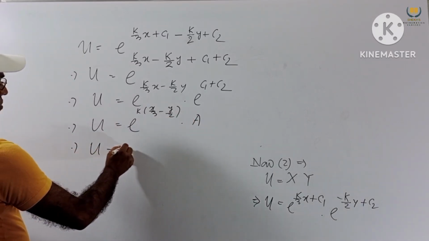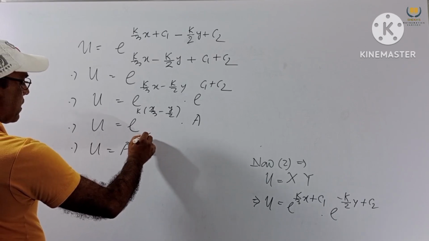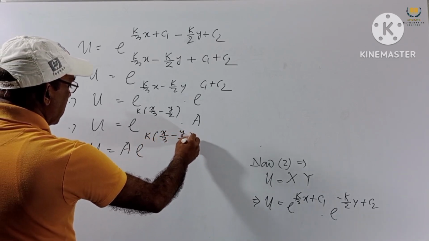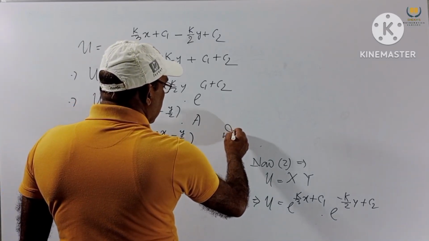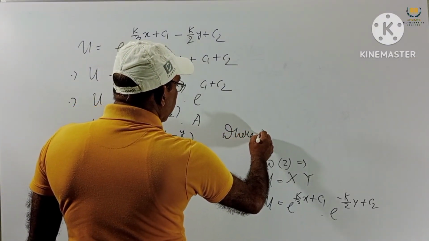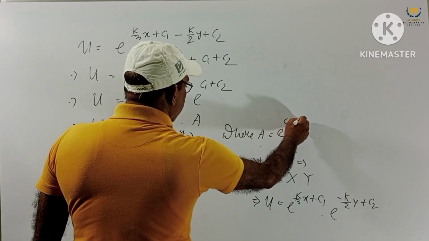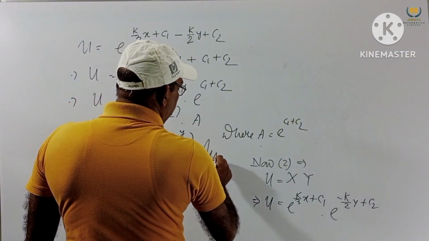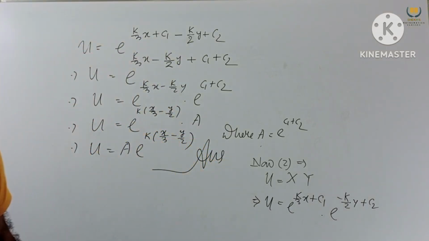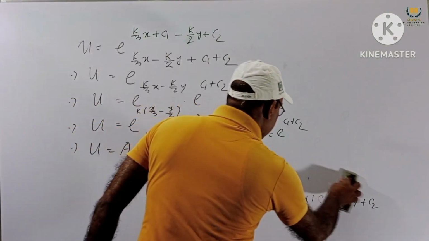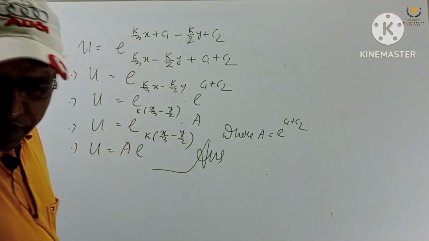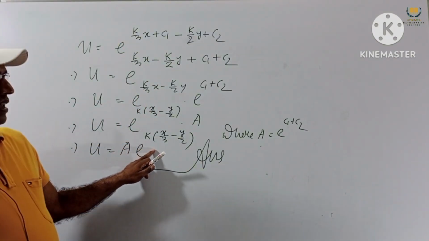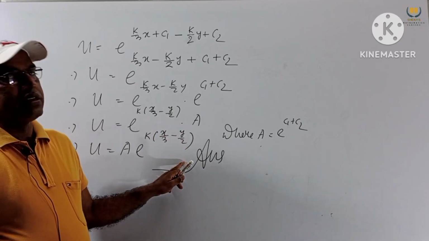So this is u equals a e to the power k into x by 3 minus y by 2, where a means e to the power c1 plus c2. So we get this, this is our final answer: u equals a e to the power k into x by 3 minus y by 2.